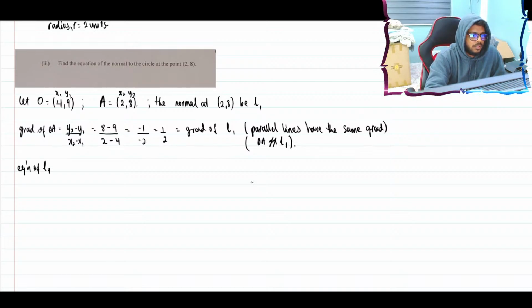Equation of L1 using (2, 8). This could be my x1 and my y1.